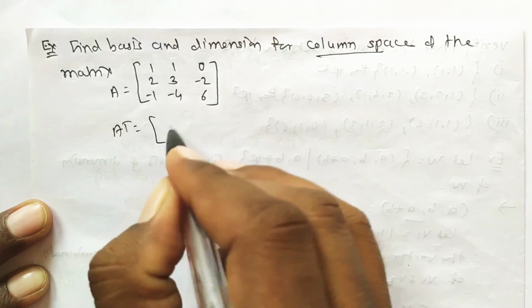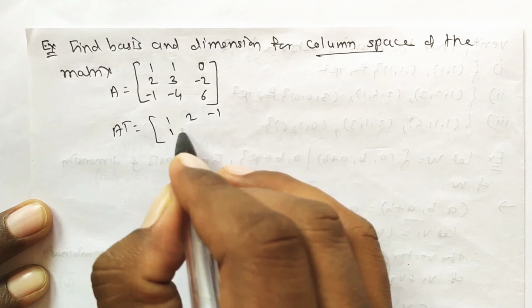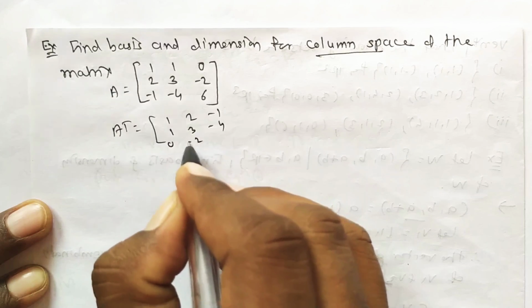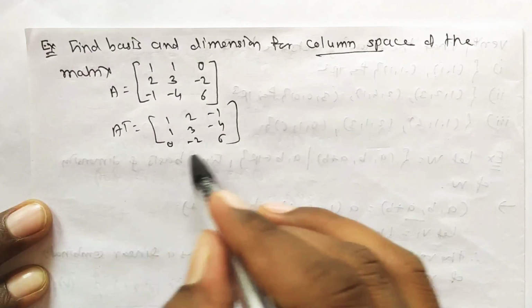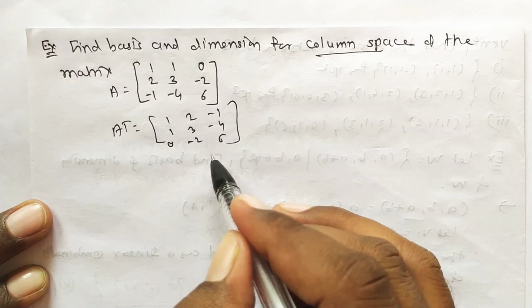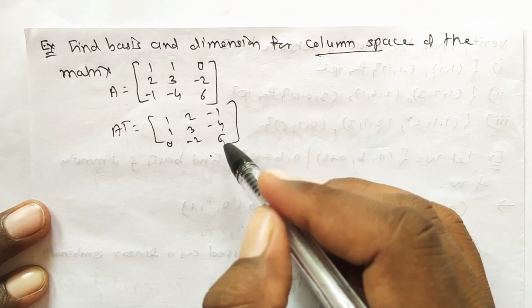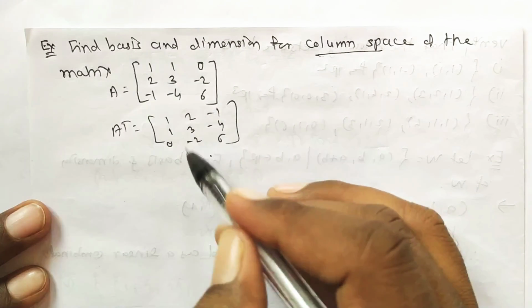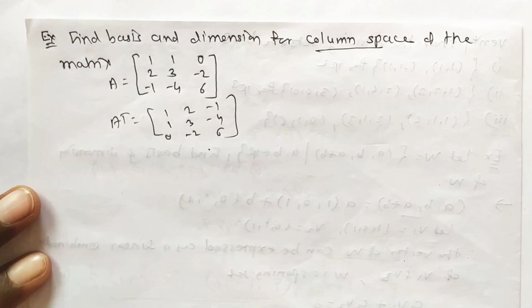How do we write the transpose here? 1, 2, -1, then 1, 3, -4, and 0, -2, 6. The remaining part is the same. Reduce this matrix to canonical form, write the number of linearly independent vectors, that is the basis of the given matrix, and count the number of linearly independent vectors, that is also the dimension of that matrix.